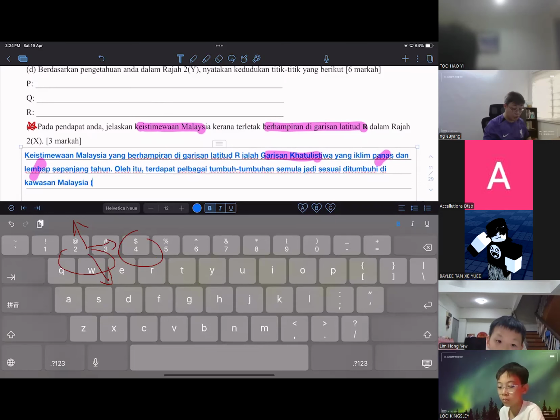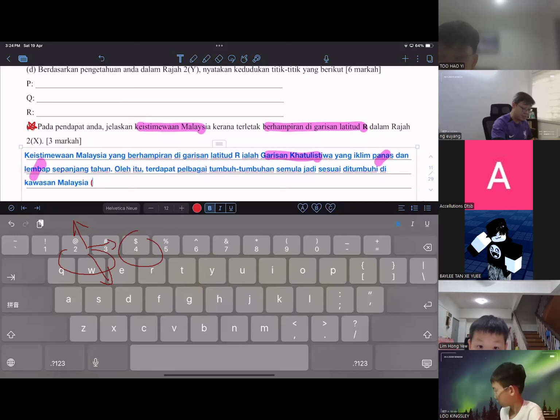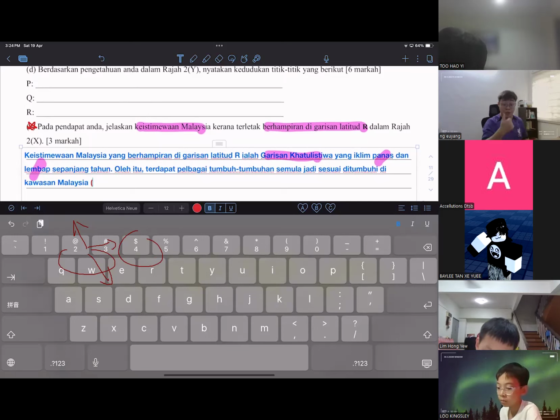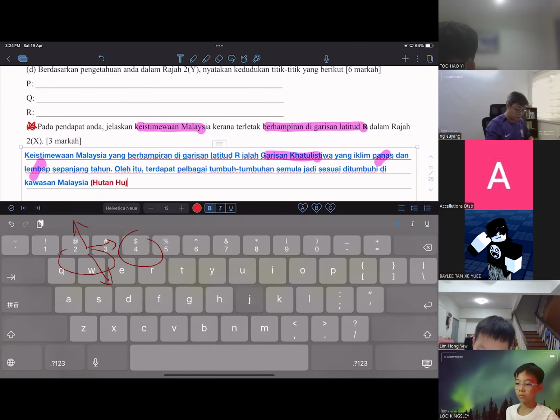So guys, this one don't need to copy. All the plants are able to adapt to our iklim khatulistiwa, which is panas dan lembab sepanjang tahun. So which means this is our tropical rainforest, which is hutan hujan tropika. So this is the keistimewaan.